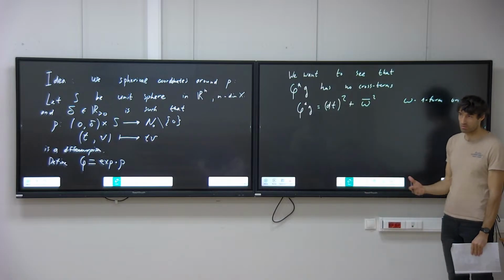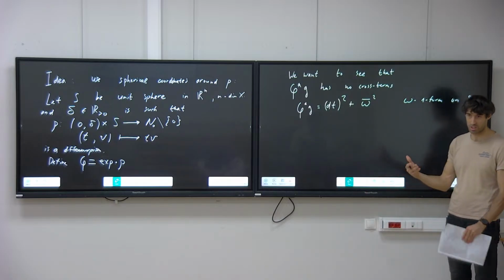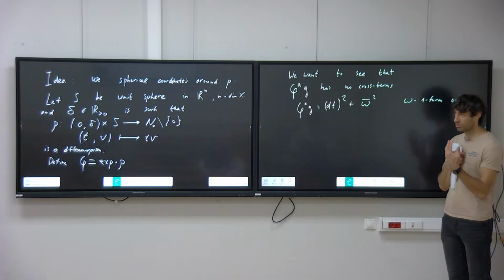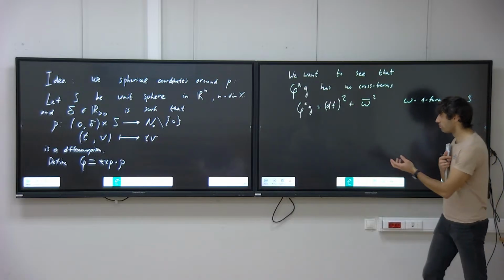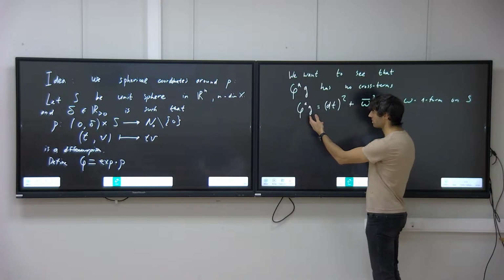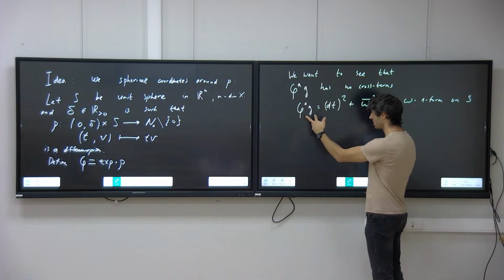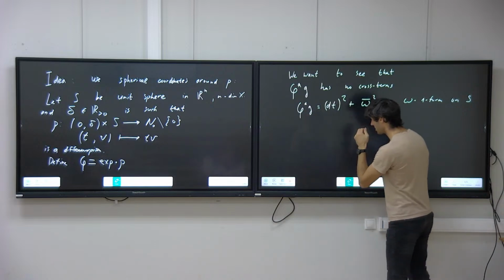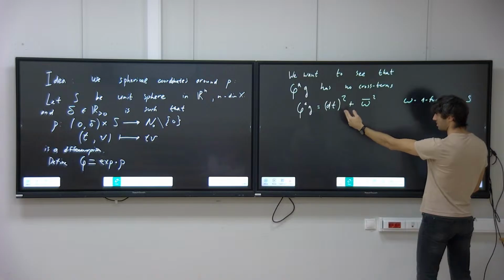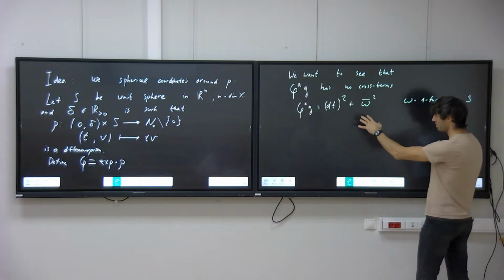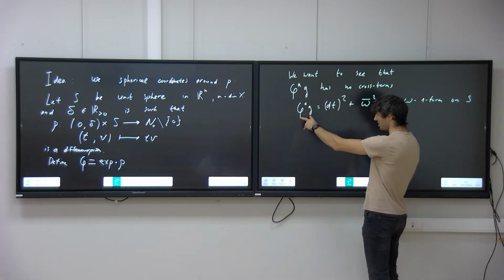If I'm using coordinates and trying to write some expression, this is not really a form, it is a symmetric tensor, and this square means the symmetric square. I'm kind of abusing notation here.